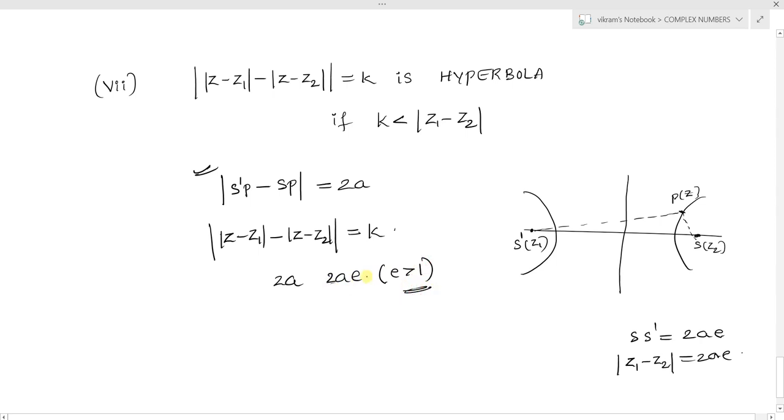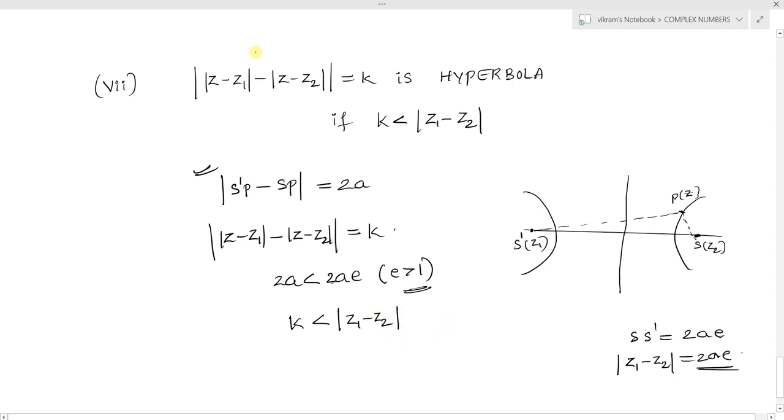If 2a is multiplied by something greater than 1, then 2a is always less than 2ae, so K is less than 2ae, which is nothing but mod of z1 minus z2.